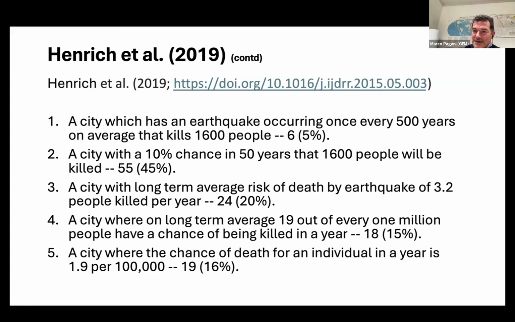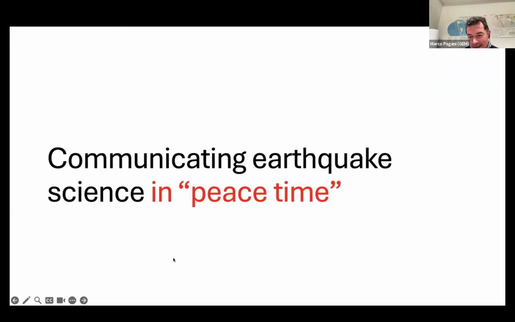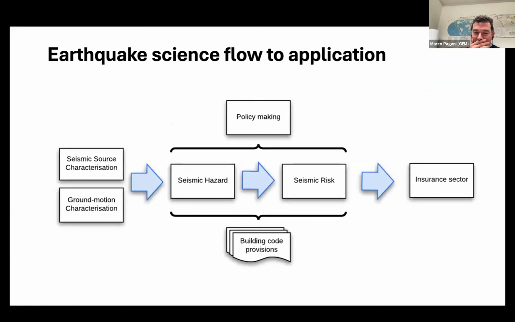So for this part, I've been relying for the most part on work that you find in the literature. Now I'm moving to some examples of communication of science in peacetime, just to explain the way in which I see things.